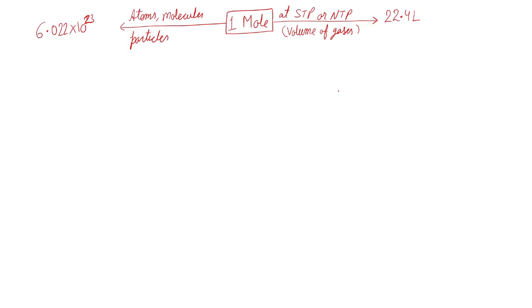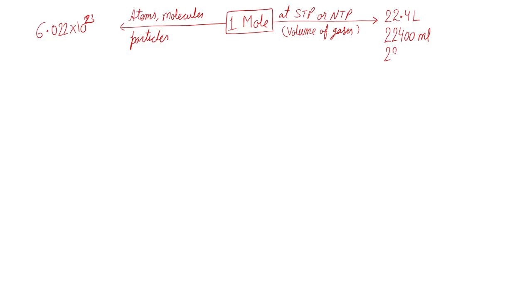Okay, so it is 22.4 liter. It means whatever gas we have, 1 mole of a gas always contains 22.4 liter volume. We can change its units. If it is in ml, it will be 22,400 ml.